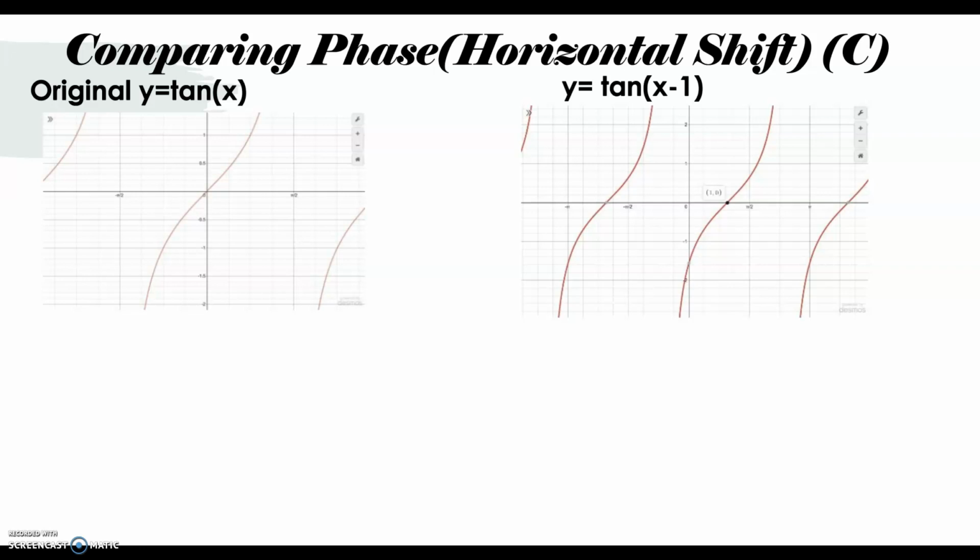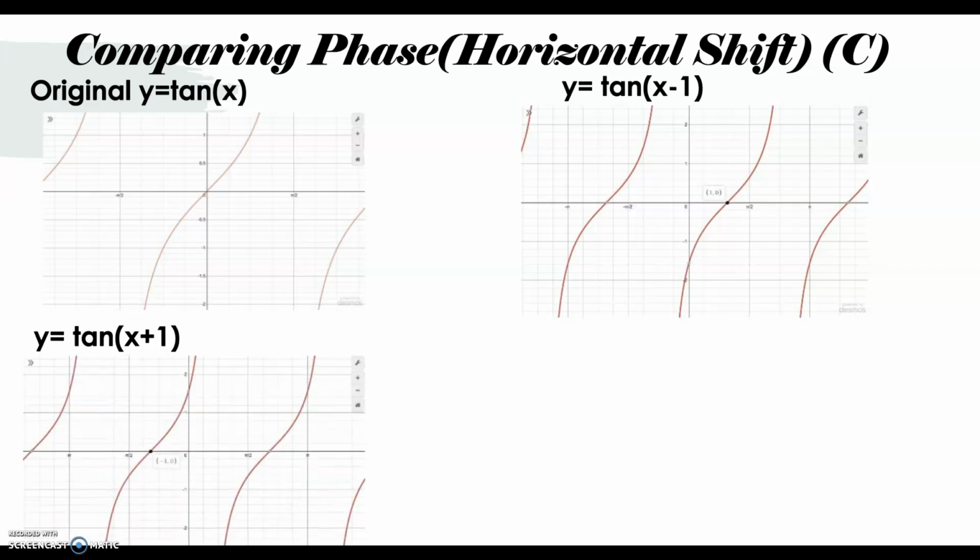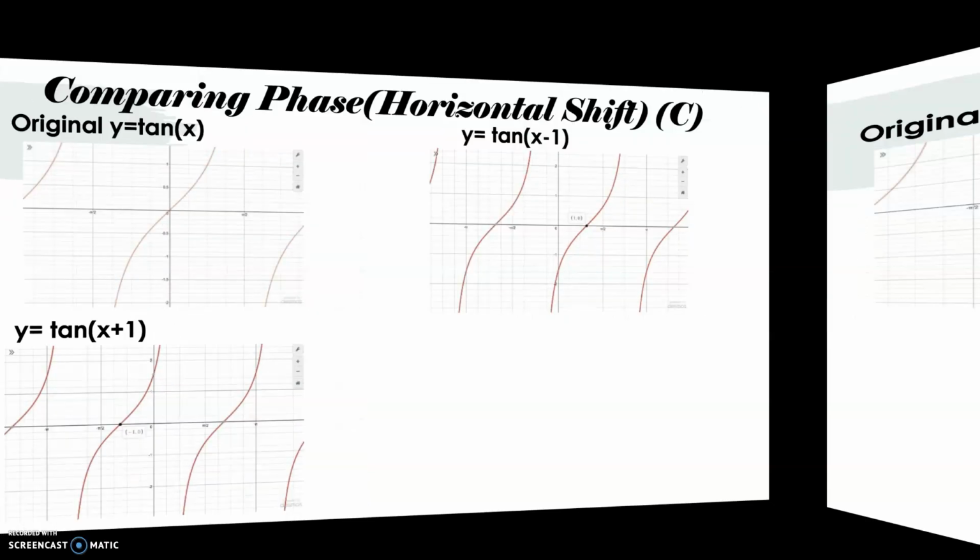Since it's negative c, and the c number right here is a positive number, the graph will move right. Right here, this one is tangent of x plus 1, so the origin will shift to the left. Negative and negative is positive.